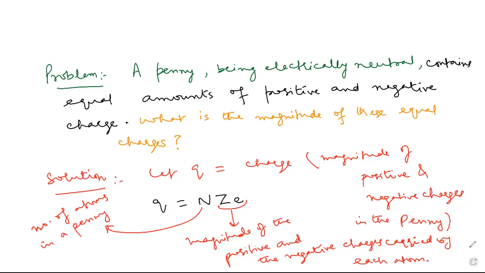Now let us move forward. I will change the color. The number N, first we have to find now the number of atoms.